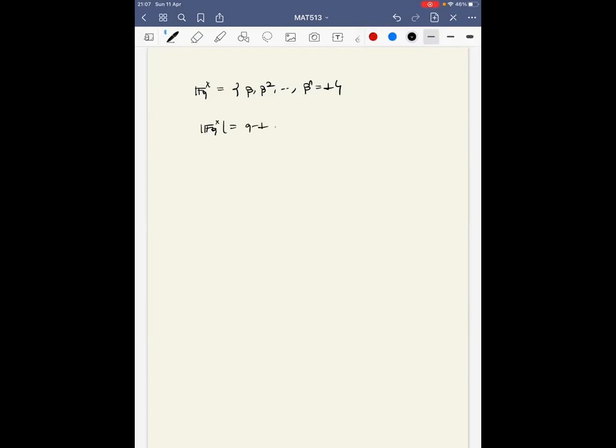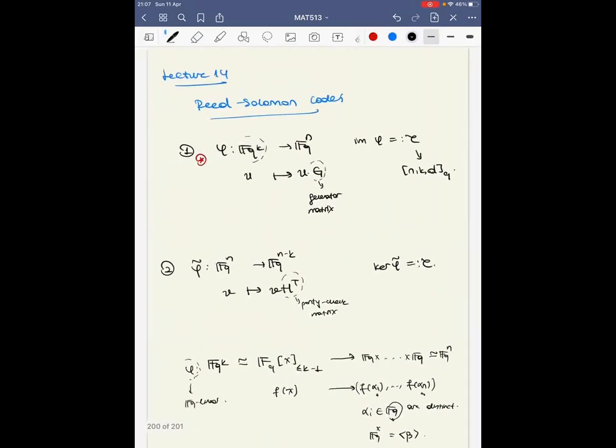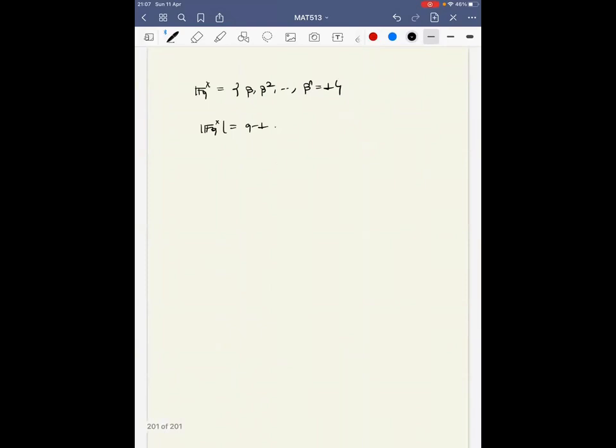So actually, this also tells us how to evaluate a polynomial at n distinct points. For the construction of the Reed-Solomon codes, we will suppose that the length of the code will be less than or equal to q.